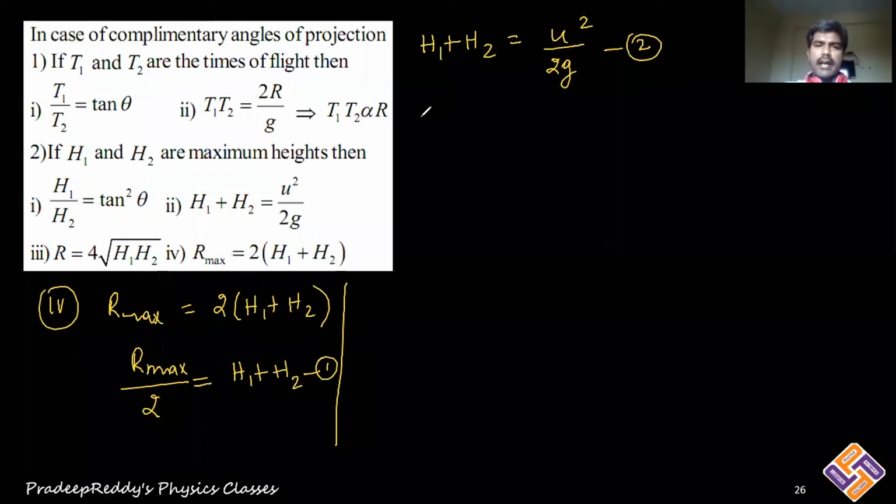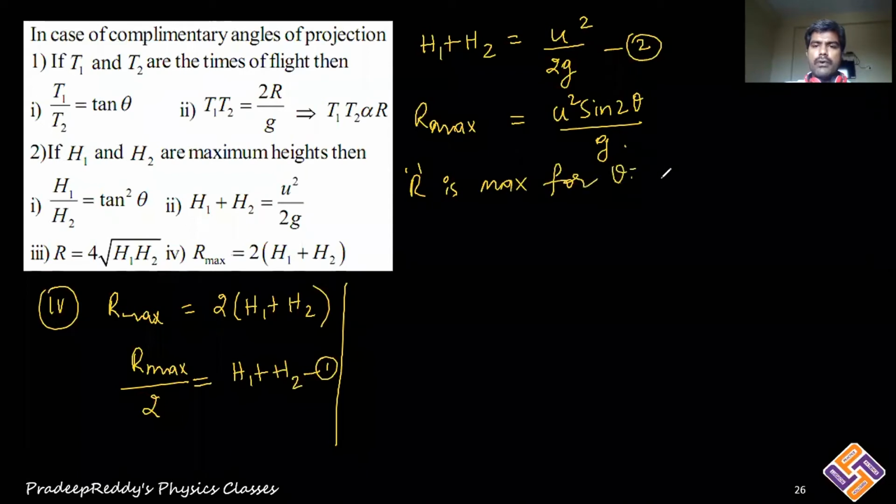Now let us take r maximum. What is r maximum? It is u square sine 2 theta divided by g. R is maximum for theta equal to 45 degrees. Take theta equal to 45. What will you get here? It becomes sine 90, and sine 90 is equal to 1.